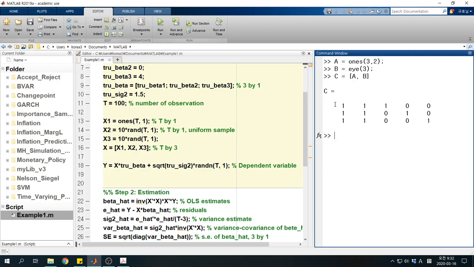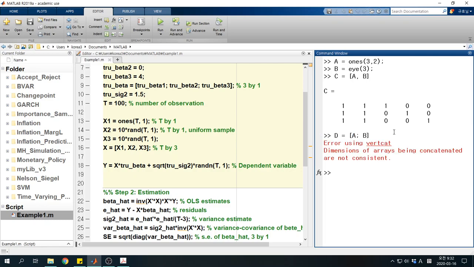Can you see that the first two columns are A, and the last three columns are B, and they are connected? Now it's a 3 by 5 matrix. And if you try to connect them in column, like let me define D equals A, now semicolon, and B. Let me press enter.